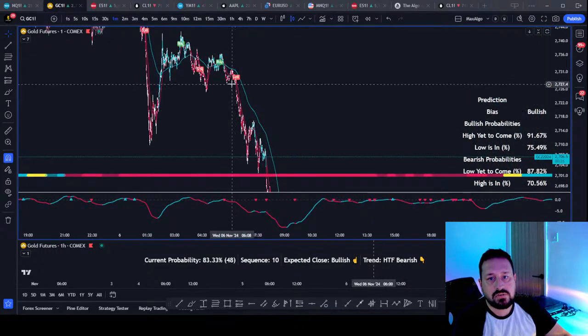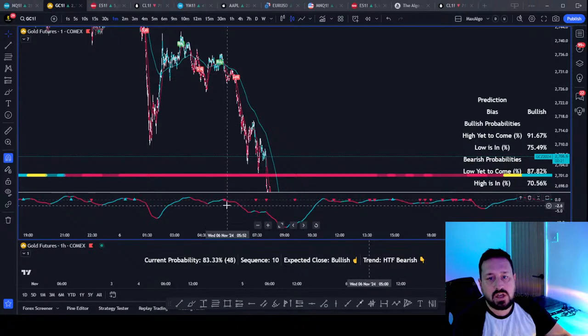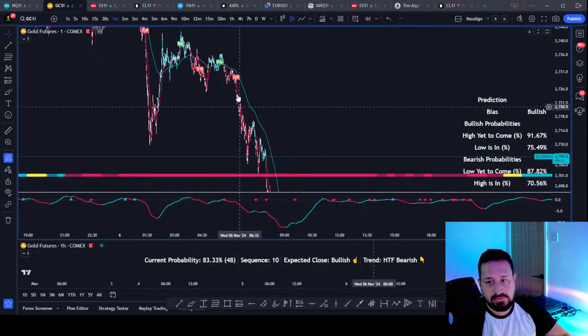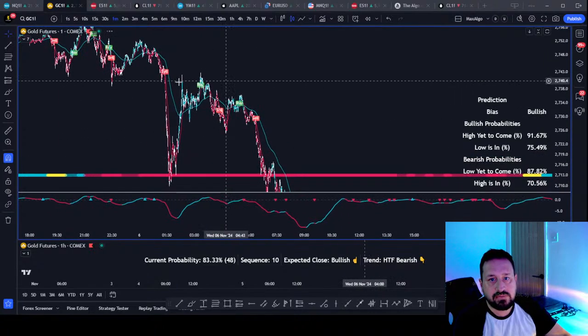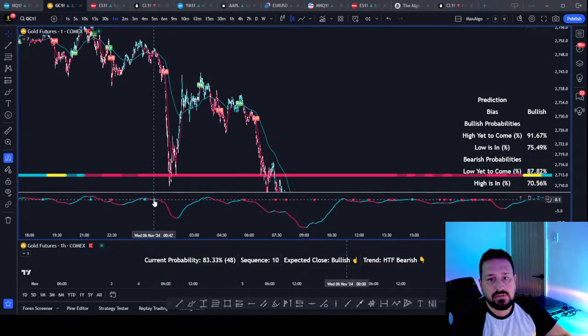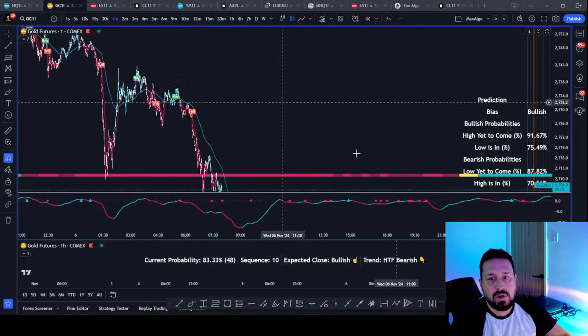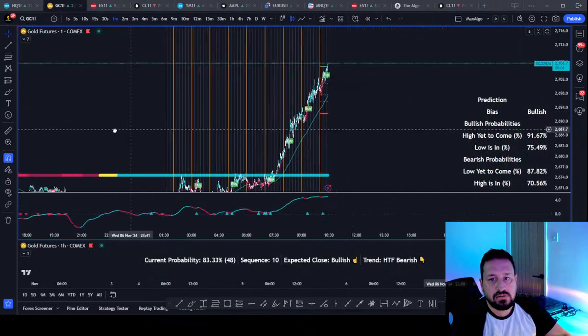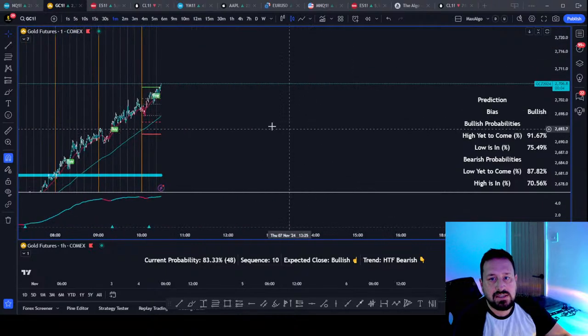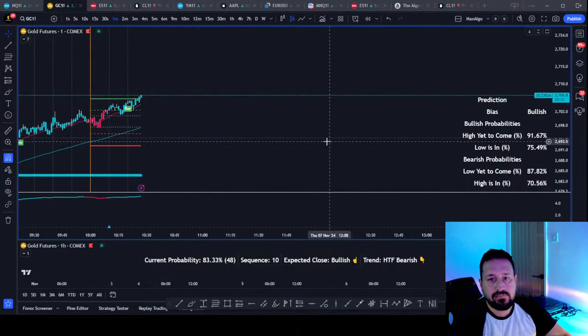These ones are ideal for me. I love these shorts. Look, we just come up, we just come under, sell signal, sequence 1, bang, see you later. Same thing here, just coming under, bang, see you later. I much prefer shorting than I do longing. I am a shorting kind of guy.